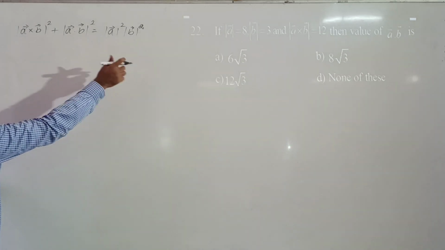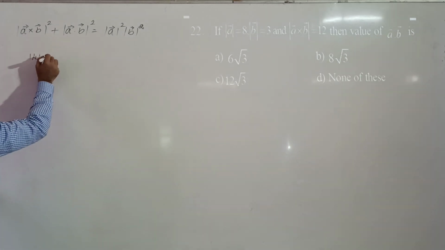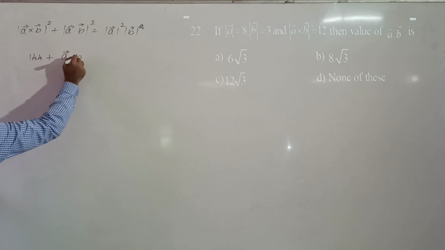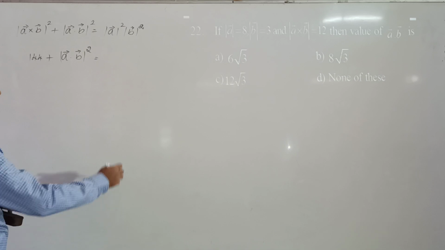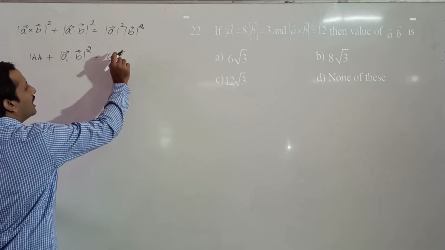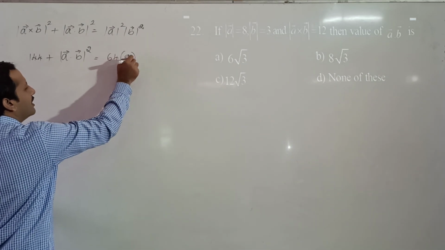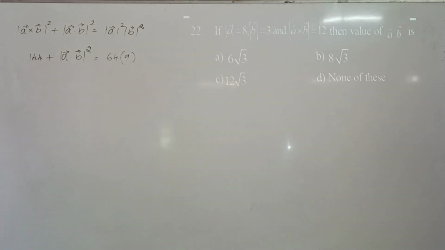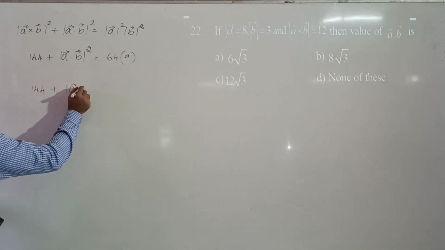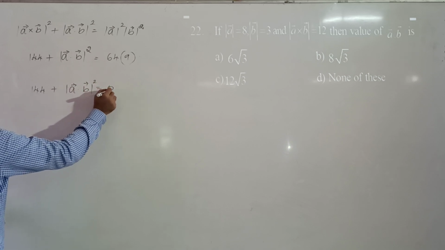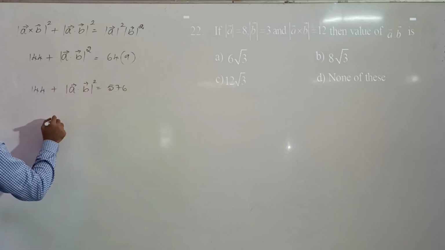Let us substitute. Mod of A cross B, that is 12 square, is 144, plus this is what we have to find. Mod A is 8, so 8 square is 64 into B is 3 square is 9. 64 into 9, 540 plus 36, 576. 144 plus mod of A dot B whole square is equal to 576.